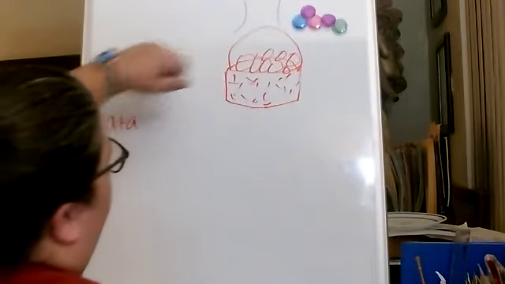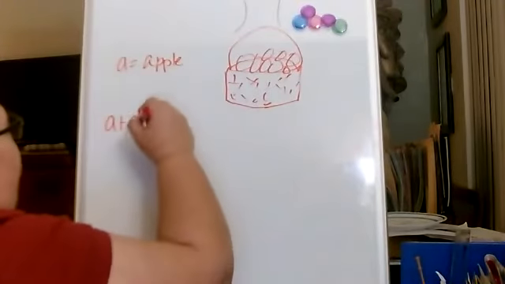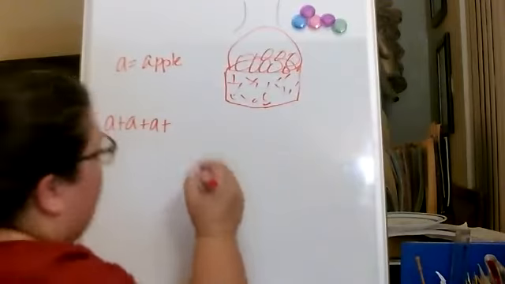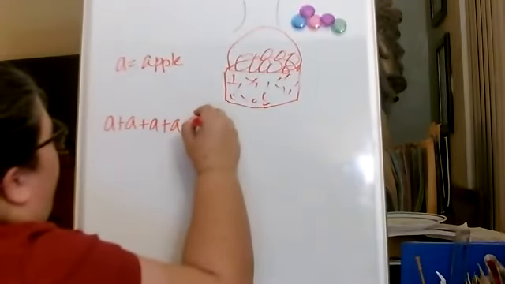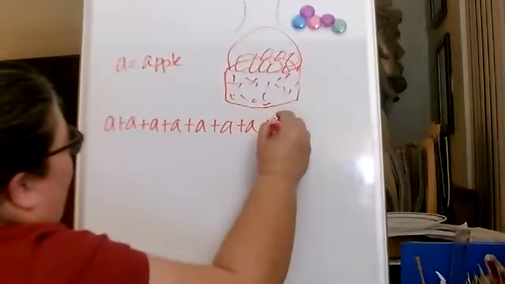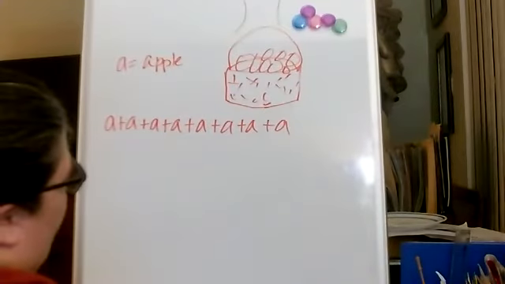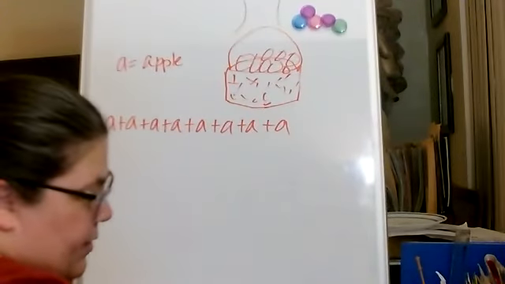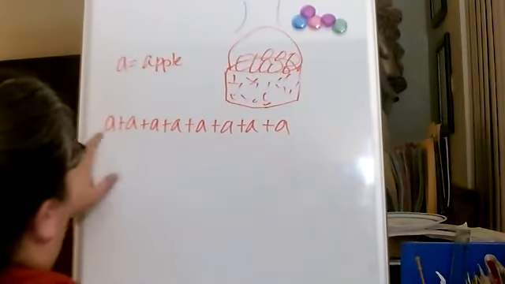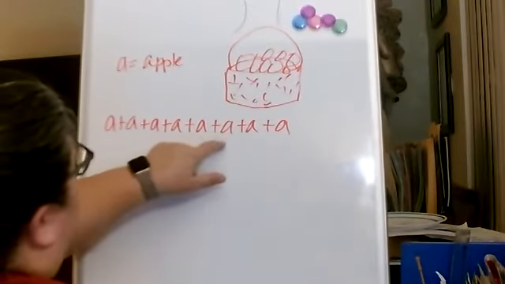So I just put in there 8 apples. So we could express it as A plus A plus A plus A plus A plus A plus A. We could do that, but wouldn't it be simpler just to put all these together? 1, 2, 3, 4, 5, 6, 7, 8.